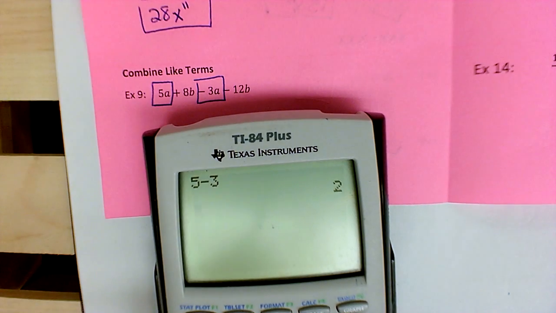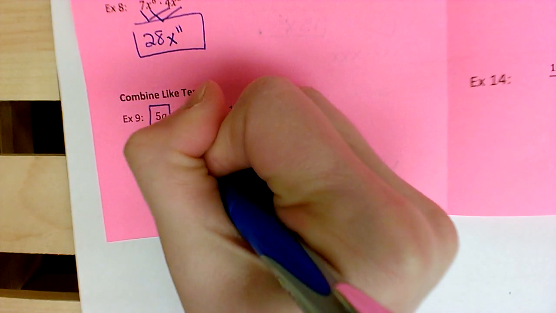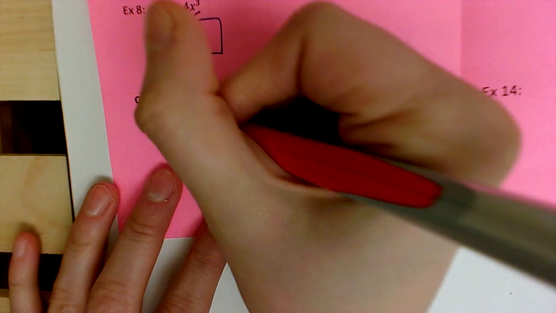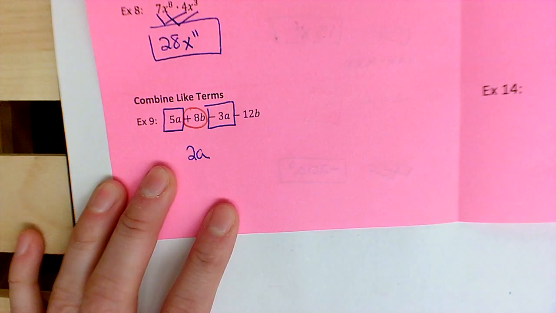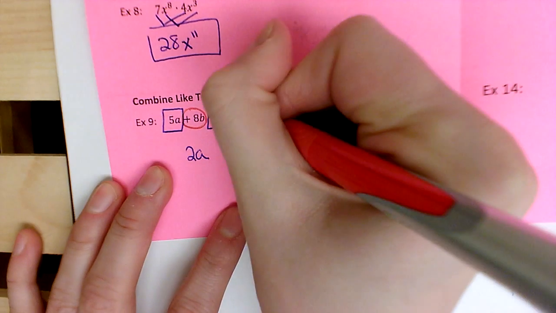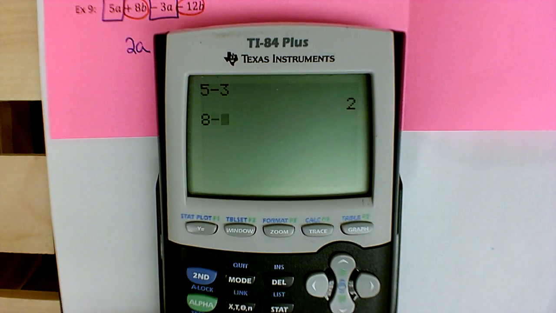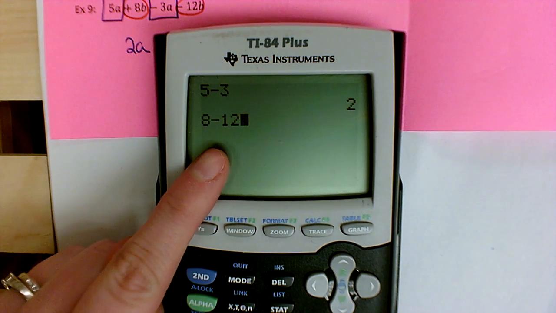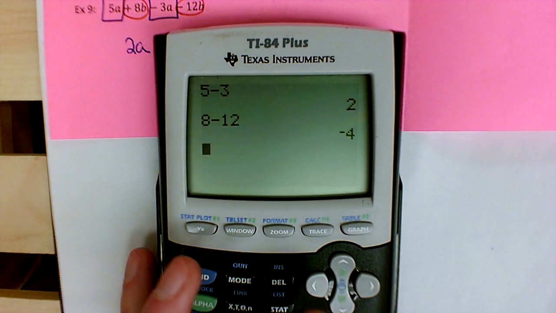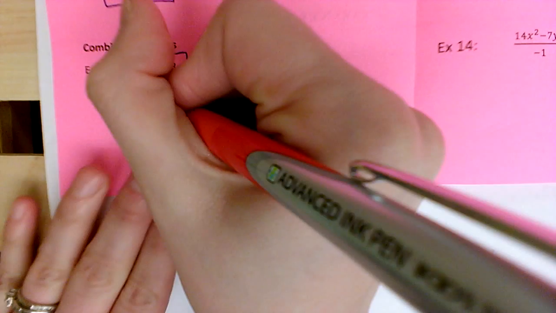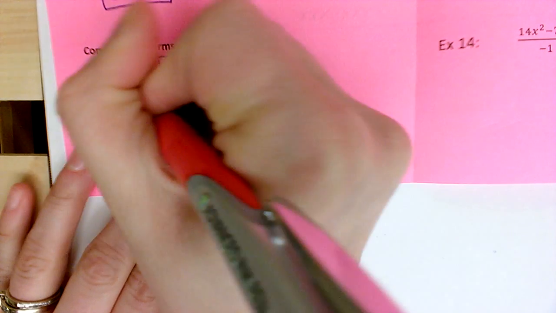So that ends up giving me a positive 2a. For the B's, I'm going to make sure that I take their signs in front of them. That's positive 8b and negative 12b. So what I'm going to type in is 8 minus 12. Notice that I'm saying minus, not a negative. That gives me negative 4, so that means I've got minus 4b.